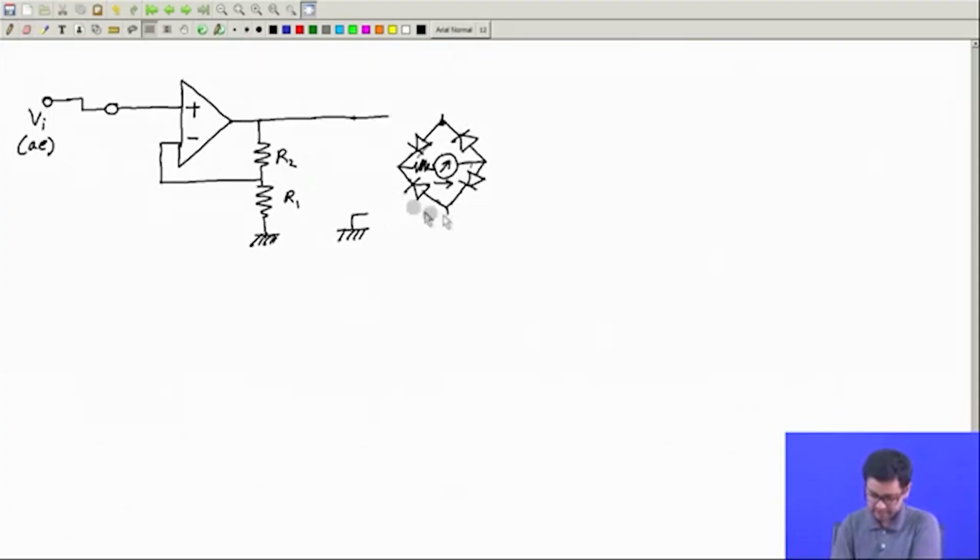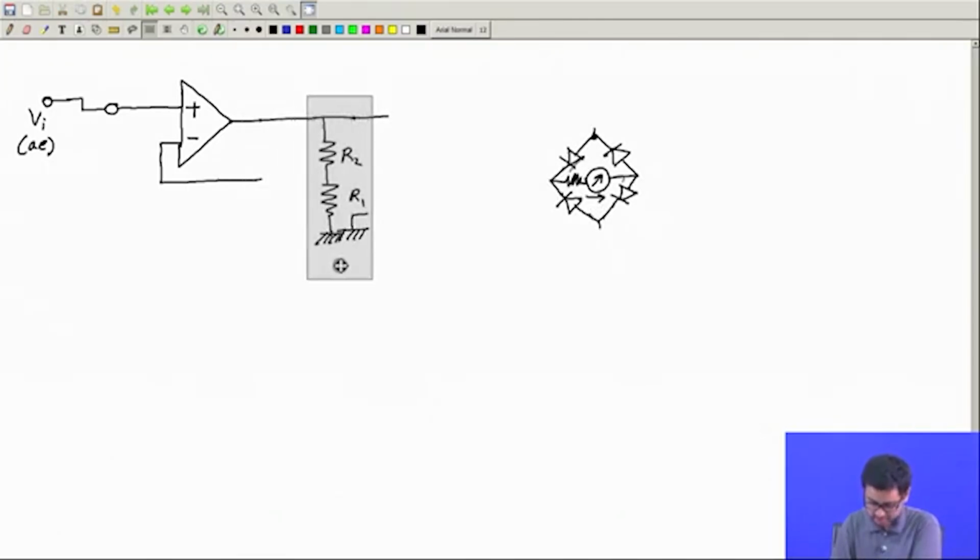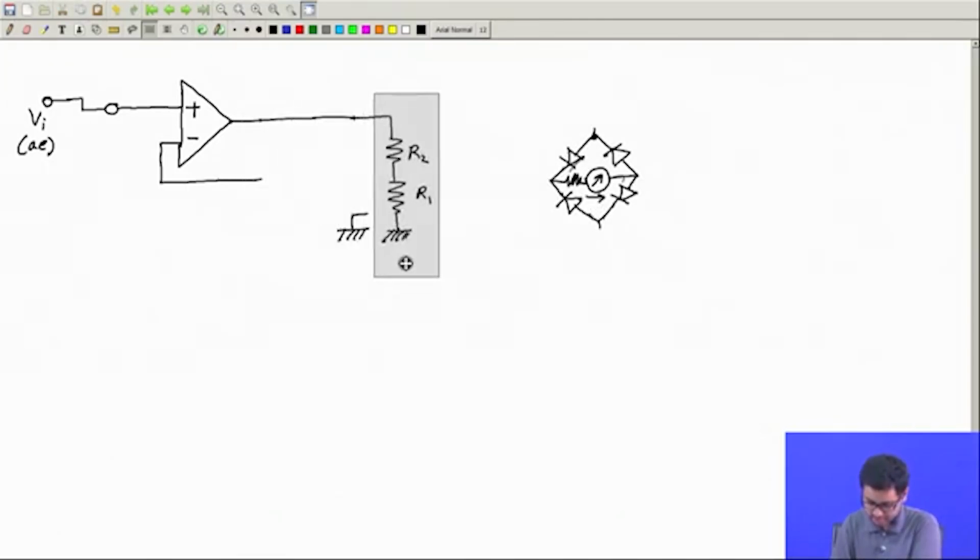let me take this rectifier bridge with the meter and first keep it away. Then I will make some space. Okay, and this is connected.